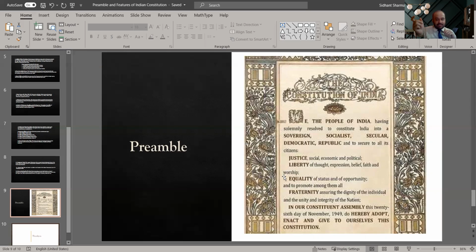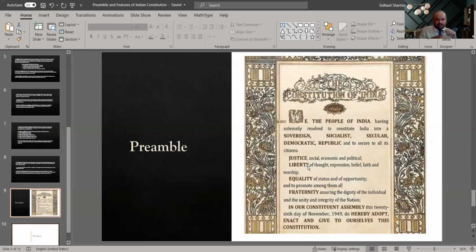What is equality of status and opportunity? That irrespective of any discrimination, every person has the right to work in one state or can move from one state to another. Fraternity is the brotherhood, assuring the dignity of the individual and the unity and integrity of the nation. So the preamble also enlists the day it was adopted, the 26th day of November 1949, to hereby adopt, enact, and give ourselves this constitution.